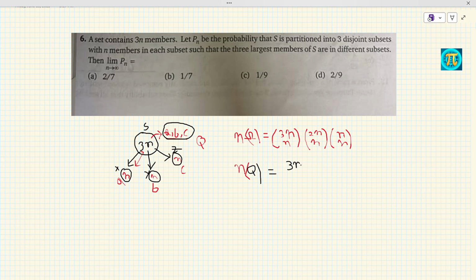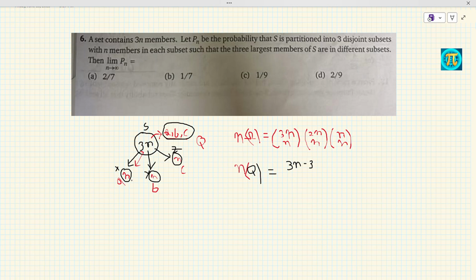So we are going to minus 3, and now from n, we have already taken A. The three largest numbers must be separated, so 3n minus 3, and from n one element, that is A, B or C, anything can be.